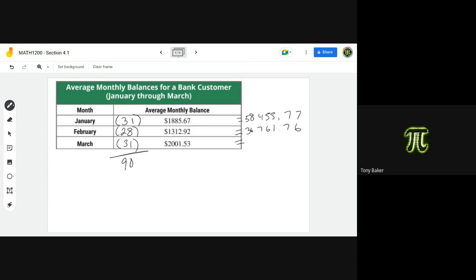And the same thing for March, multiplied times 31. And then we add those together. So 157,264.96.